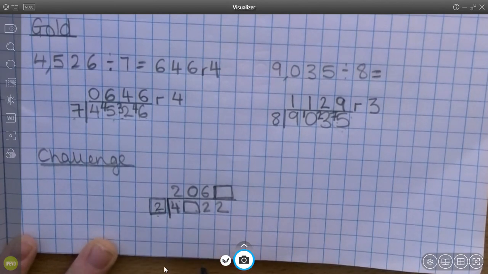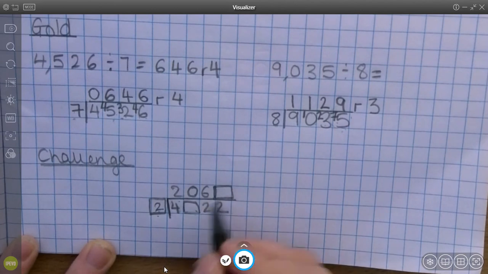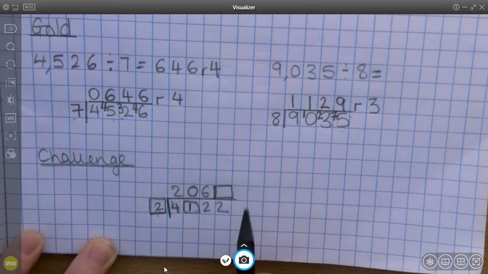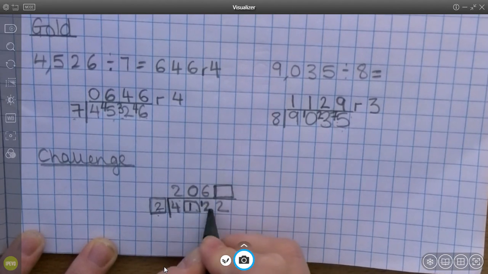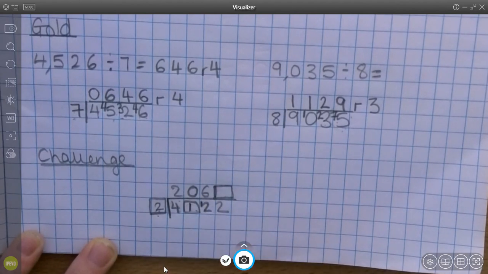And in this case, the only number smaller than 2, well, there's 2 digits that are smaller, but it could be 1. Okay, so if we put 1 here, I can't get any groups of 2 out of 1, so that's my 0, but I still have this 1 to use, so this would have been regrouped over to the next place value.